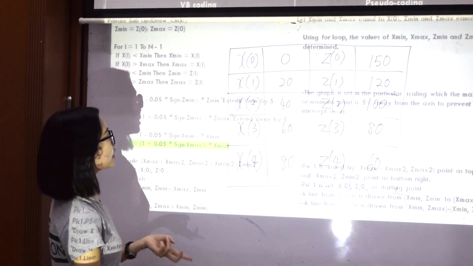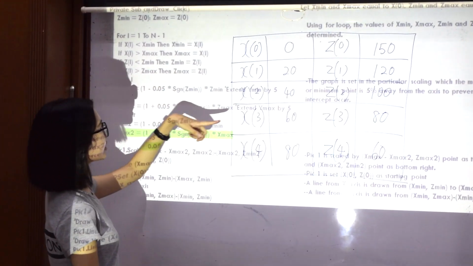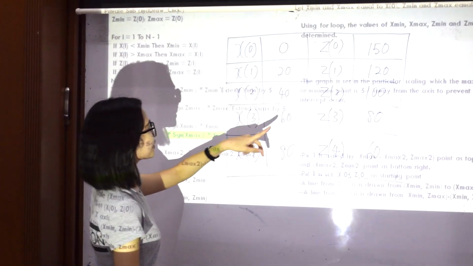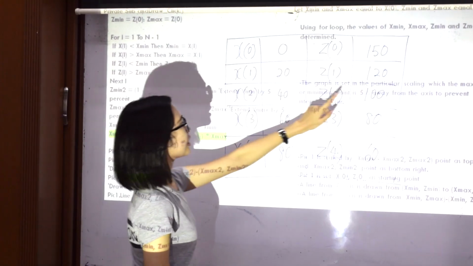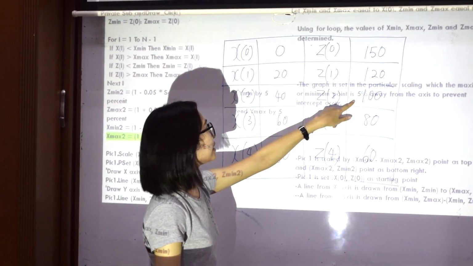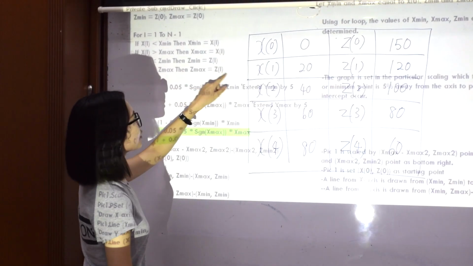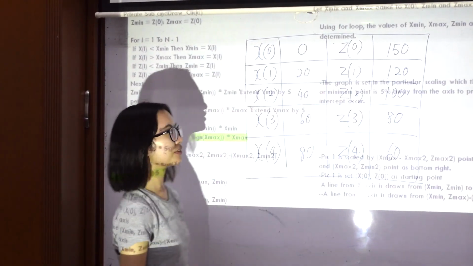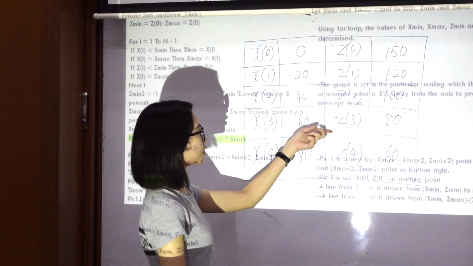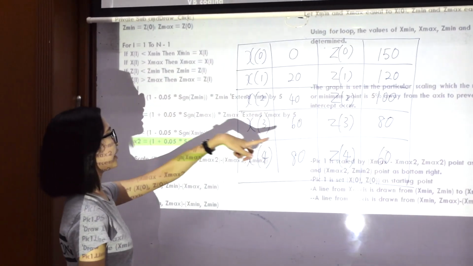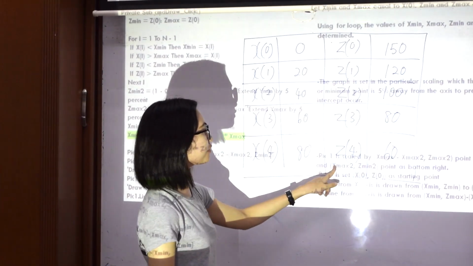So for the second loop, repeat the loop. The second loop Z minimum will be 100, and then the Z max will also remain as 150. For the third loop, the Z minimum will be 80, and then for the fourth loop, the Z minimum will be 60.